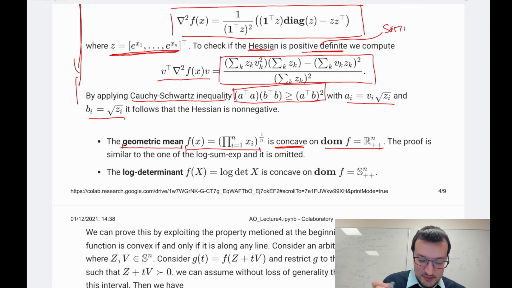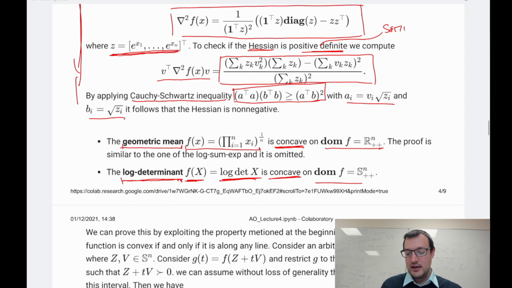Maybe the last easy example is the log-determinant. The log-determinant f of x is log-determinant of x, and this is a concave function on the domain, which is S++. We will see this type of function quite often, and the idea is the following. When we are dealing with positive semi-definite matrices, we will often see the determinant of the matrix S as a replacement of the vector x, for vectors instead of matrices.